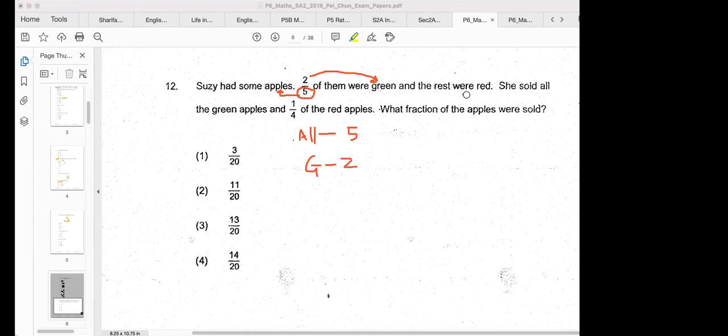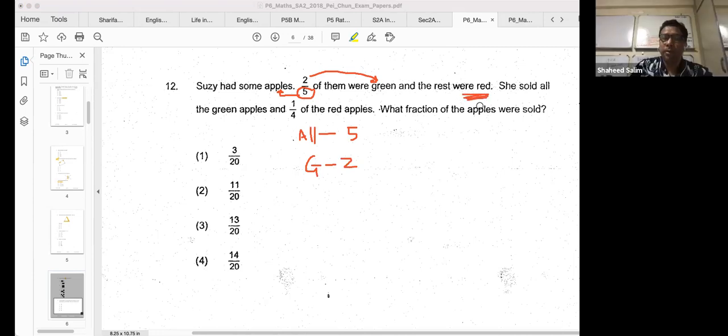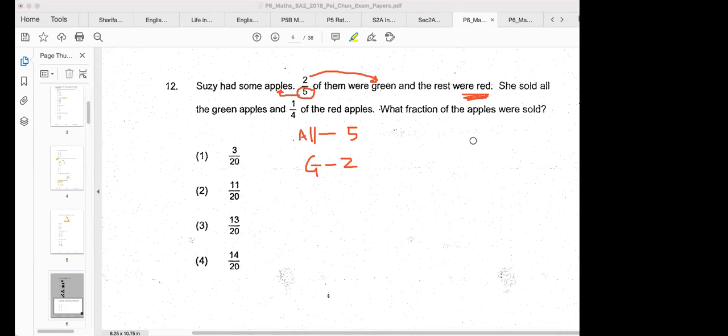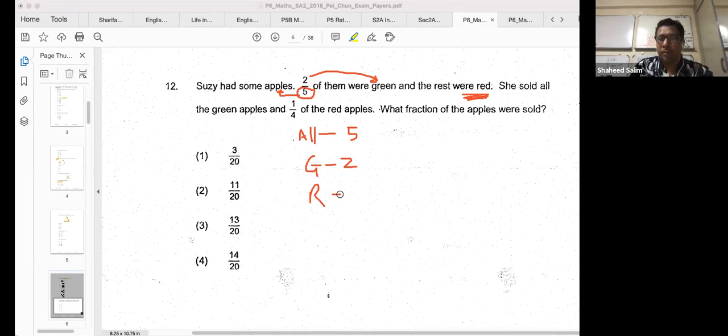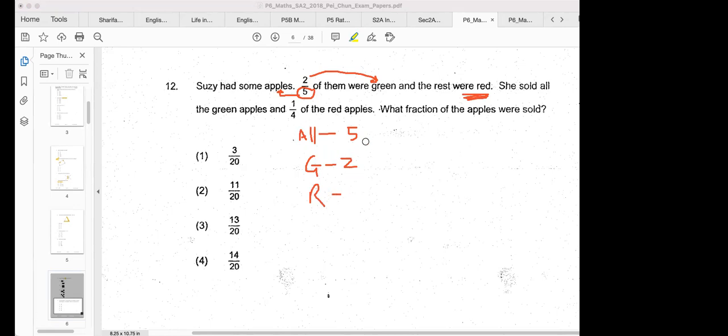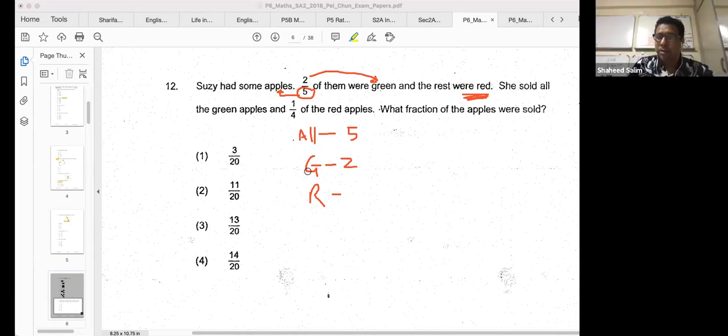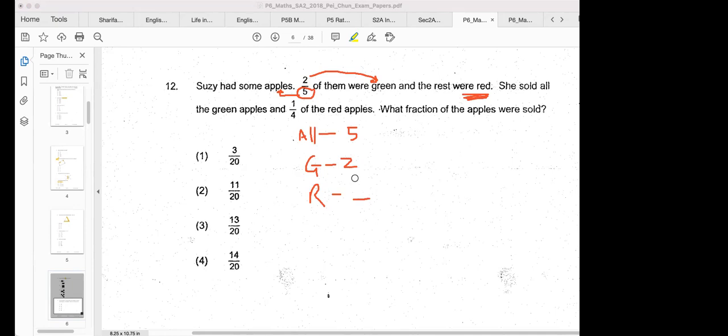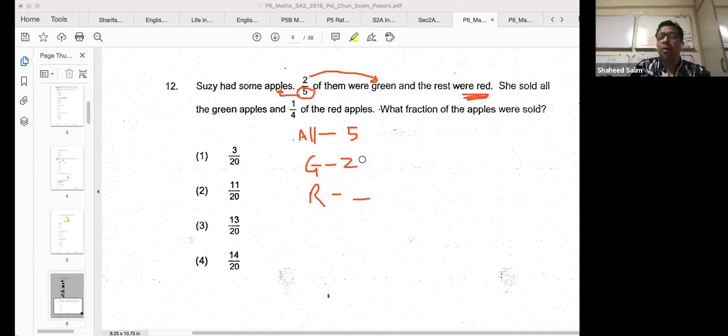Red, how many parts, Shakil? How come you get 4? All the parts is 5. Green is 2. What's the balance?